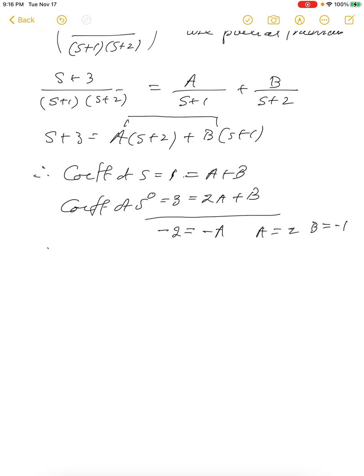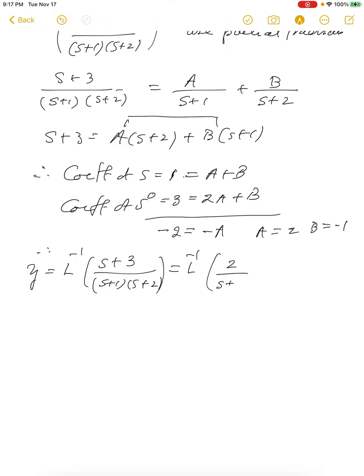Therefore our solution y, which is L inverse of s plus 3 over s plus 1 times s plus 2, is L inverse of 2 by s plus 1 minus 1 over s plus 2.